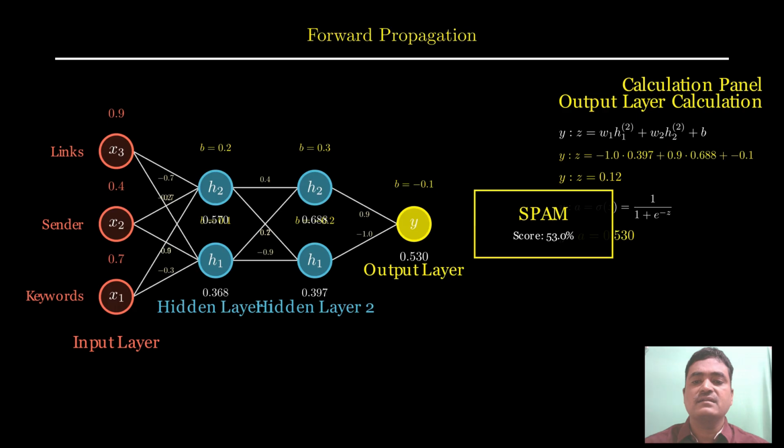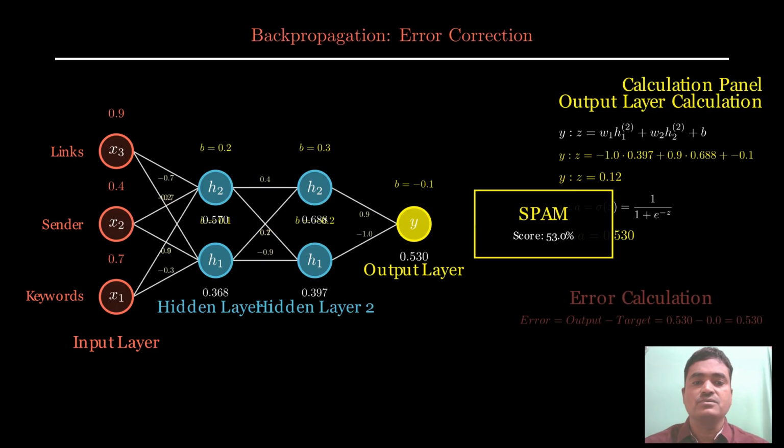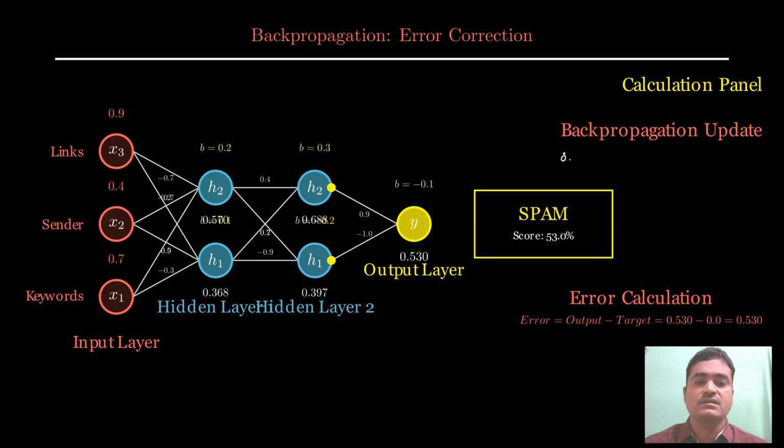When prediction error was detected, backpropagation reversed the signal flow completely. Yellow dots traveled backward through all layers in the opposite direction, while the calculation panel showed how errors converted into weighted adjustments, signals that proportionally modified connection weights throughout the entire network.